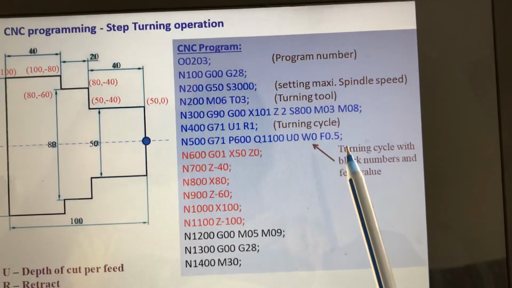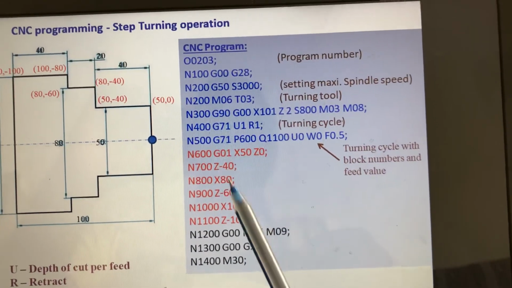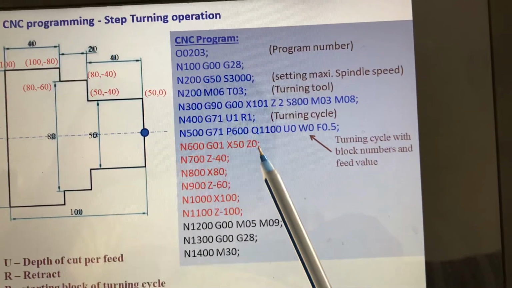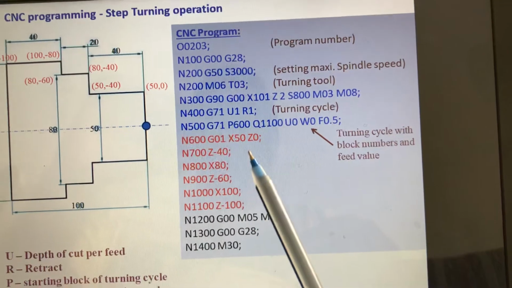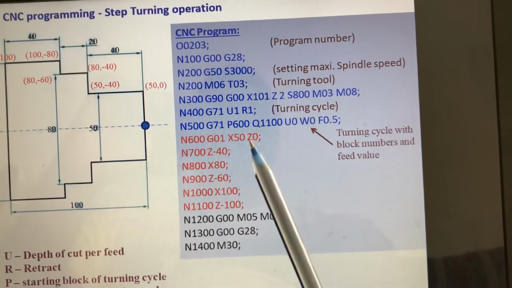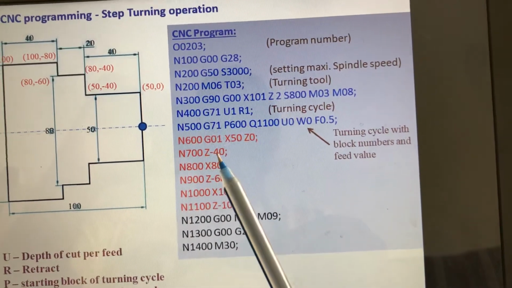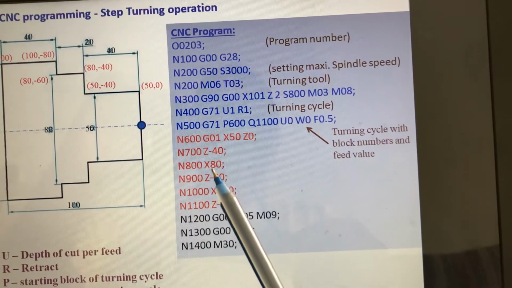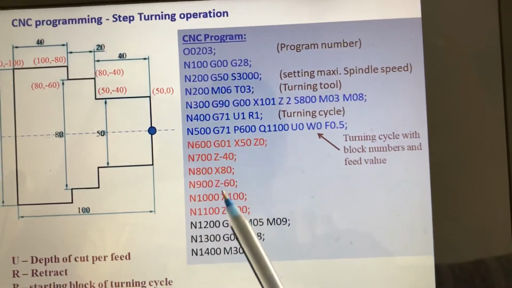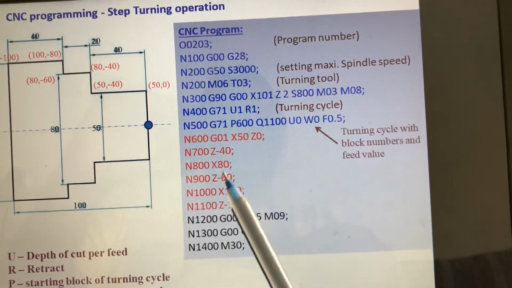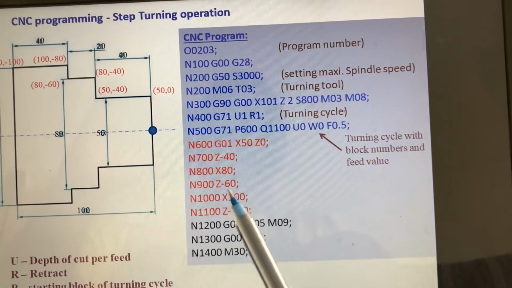After giving the turning cycle, we keep giving the coordinate points. X50 Z0, X50 Z0, and then X50 Z minus 40. X50 is already there, I didn't write it, so I just change the Z value. Then again changing value, Z is minus 40: X80 Z minus 40. Then X80 is the same, X80 Z minus 60.